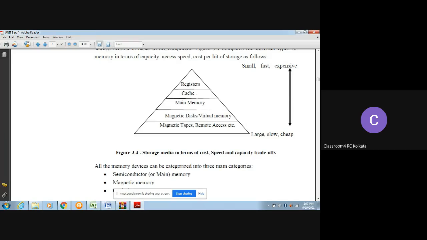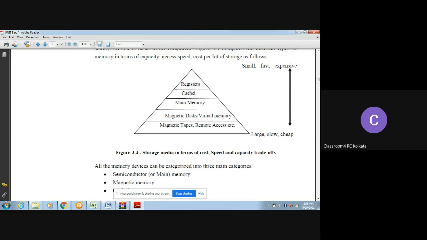Cache memory basically minimizes the speed difference between the register and the main memory. When the processor wants to fetch the data, as the register is very small, all the data are not stored in the register. So when the processor fetches the data, it first looks in the cache, not the main memory.